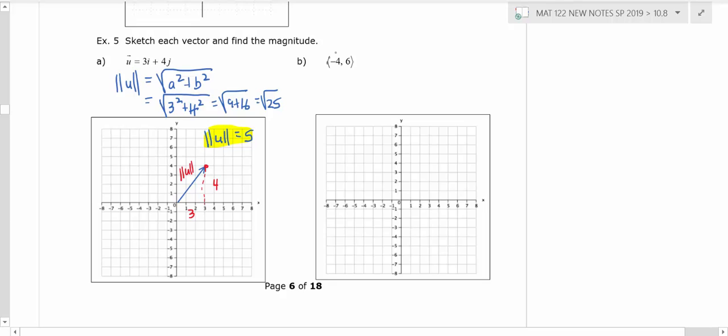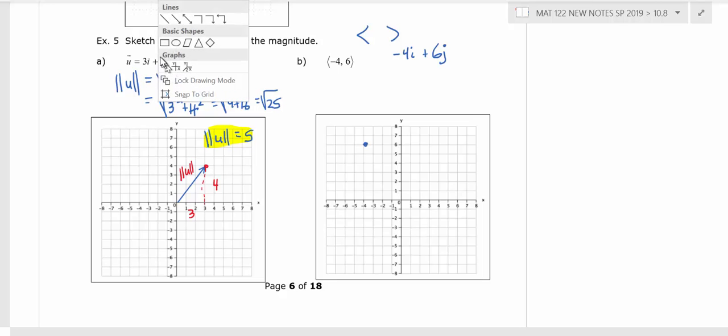Okay, this one, remember when you see this symbolism, that's another way to write the component form of a vector. So this is the same as negative 4i plus 6j. Let's go ahead and plot this. If you plot the vector, you go to the left 4, and then you go up 6, and then sketch in the vector.